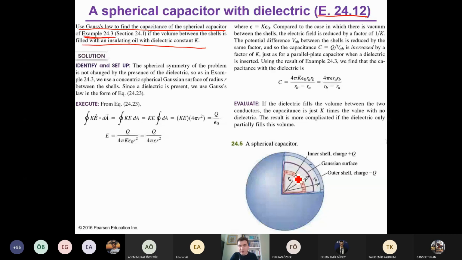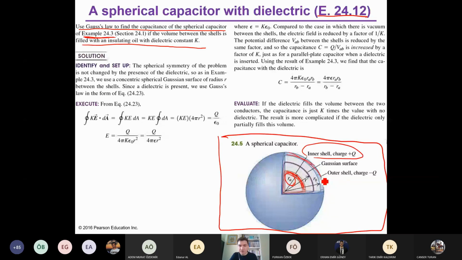So you remember these two concentric shells, which we discussed during the last lecture. Here, in red, we have a sphere with radius RA, and it has charge positive Q. And here, in blue, we have an outer shell.